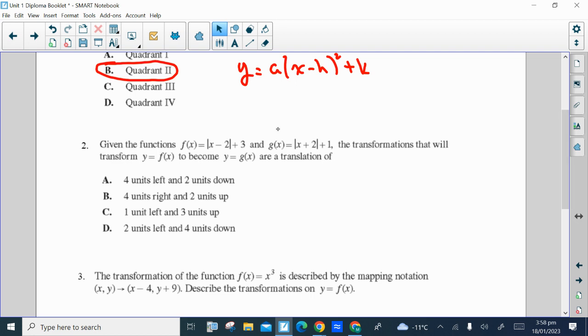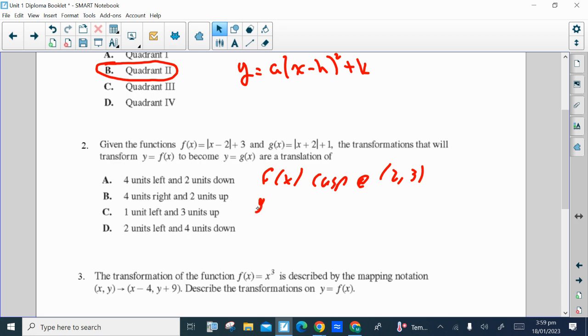So f, the cusp of f, would be at the point 2, 3. Because the graph of x minus 2 plus 3 would be shifted 2 to the right and 3 up.